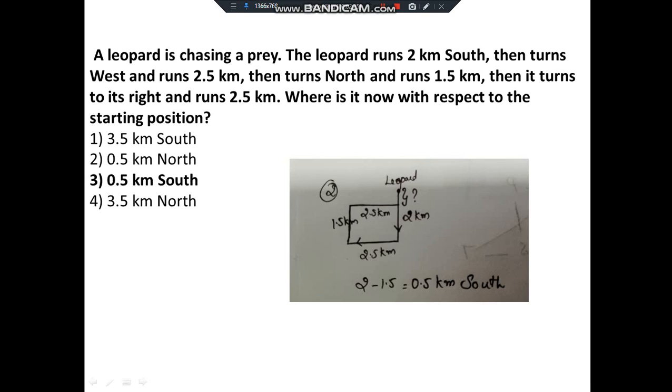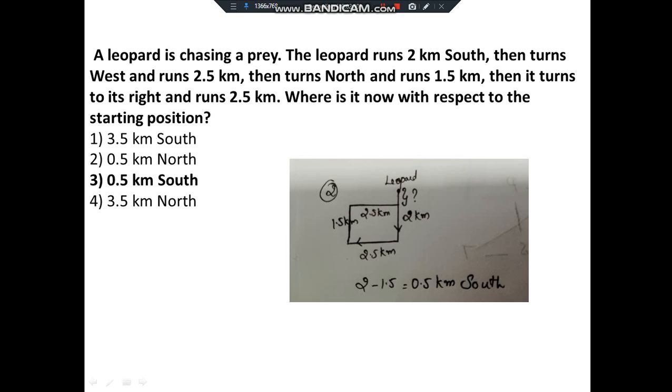Next question. A leopard is chasing a prey. The leopard runs 2 kilometers south. See, leopard's position A, from there 2 kilometers downward south. Then he turns west, move towards west and runs 2.5 kilometers. Then turns north, that is upward, and runs 1.5 kilometers. And he turns to his right, from north to right, 2.5 kilometers.